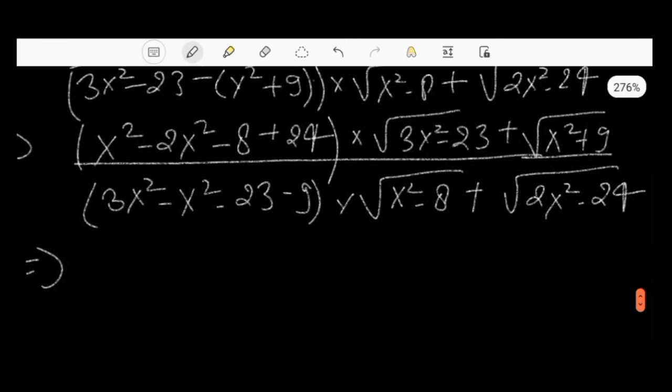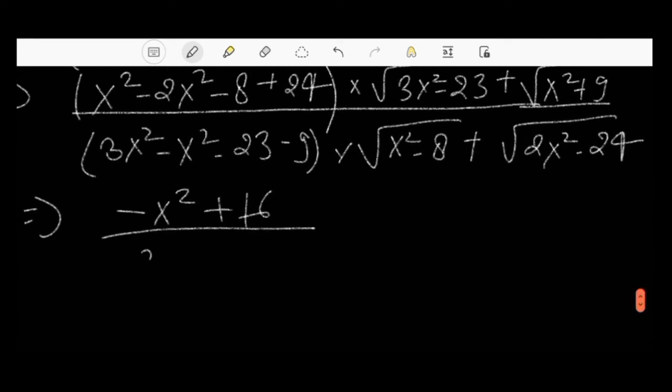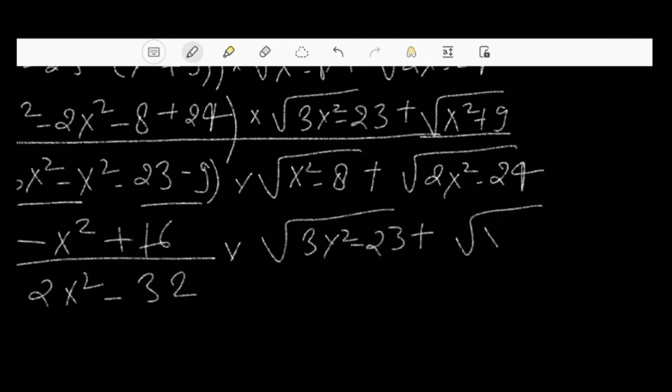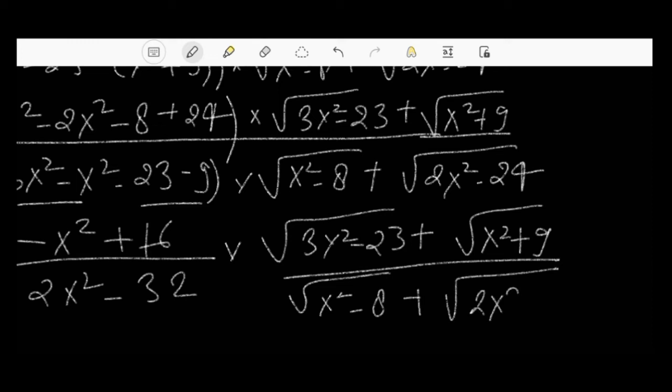And after subtracting we'll obtain minus x square plus 16, divided by 2x square minus 32, multiplied by square root of 3x square minus 23 plus square root of x square plus 9, divided by square root of x square minus 8 plus square root of 2x square minus 24.